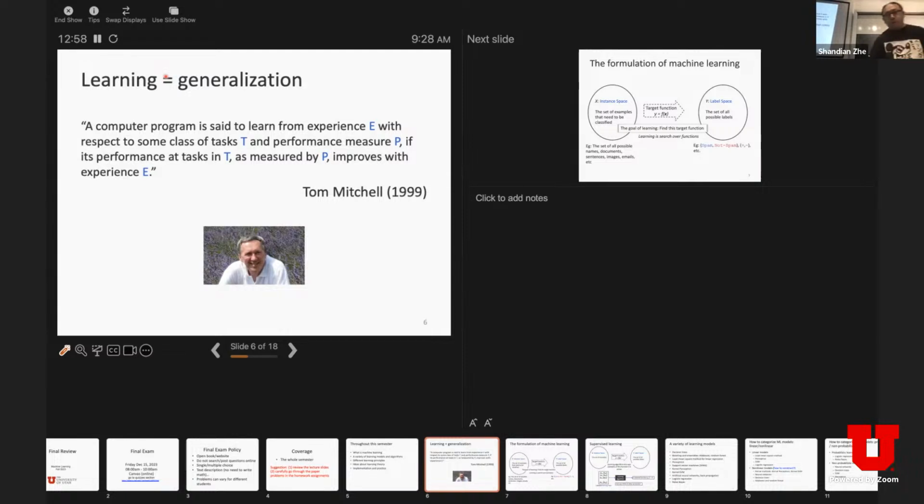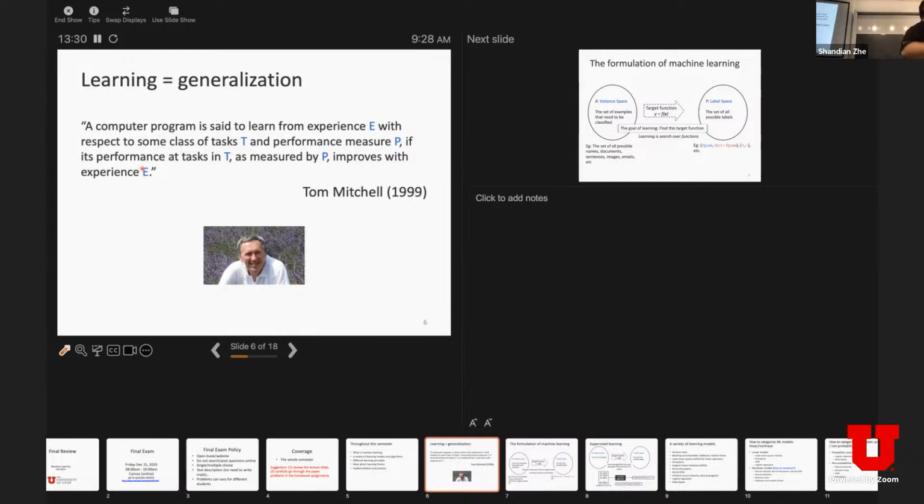So Tom Mitchell gave a formal definition of learning: a computer program is said to learn from experience E with respect to some class of tasks T under some performance measure P if its performance at tasks in T, as measured by P, improves with experience E. I suggest you read through this slightly lengthy definition several times to gain the sense.